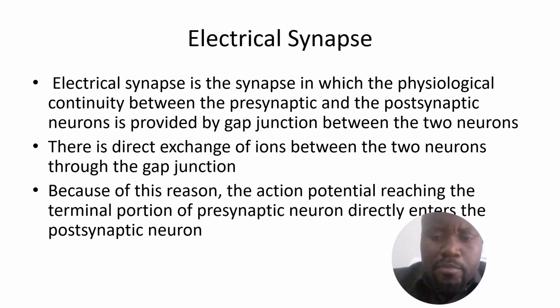Then in terms of the physiology, in terms of how impulses are transmitted, the synapses can be classified as chemical synapses or electrical synapses. In chemical synapses, there is an anatomical junction where there is a space between the two neurons, and a chemical has to be released that stimulates or inhibits the next neuron to ensure transmission.